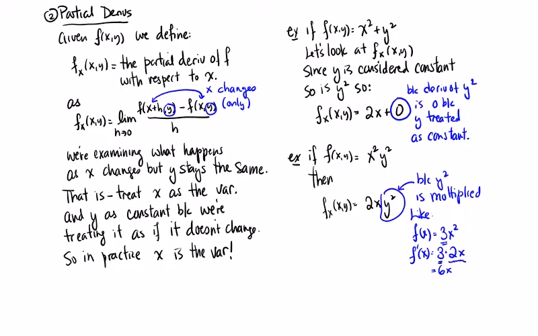So what's going to happen is, in general, we could take the derivative of a function with respect to any of the variables, and the idea is that we treat that variable as the variable. We treat all of the other variables, maybe there's one other variable, maybe there are 2, maybe there are 10, doesn't matter, all other variables will be treated as constants.